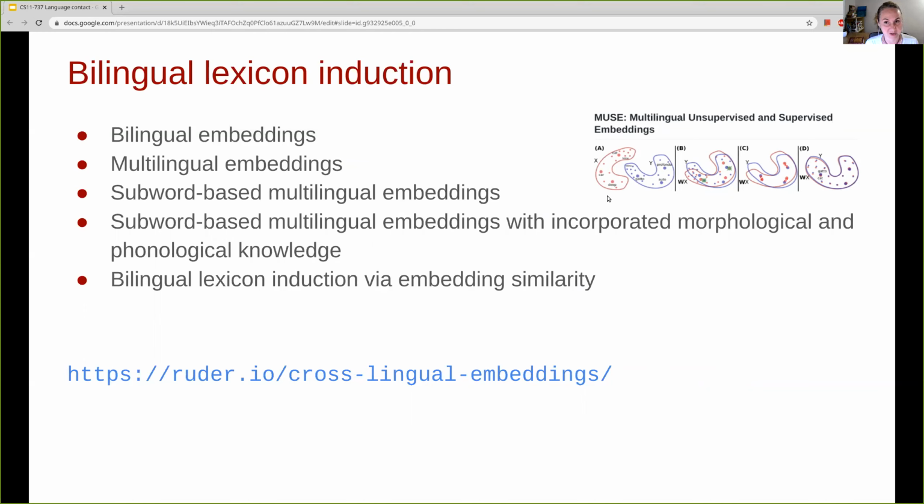So there are hundreds of papers of word embeddings, and we can use this research to also extract mappings across languages or bridges across languages. For example, by doing a nearest neighbor search to find mutual translations, and also measuring orthographic or phonetic similarities between pairs of languages. And we will discuss these approaches in more detail next week.